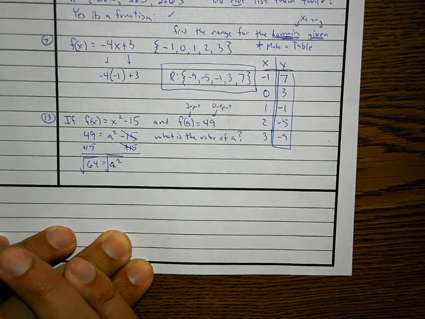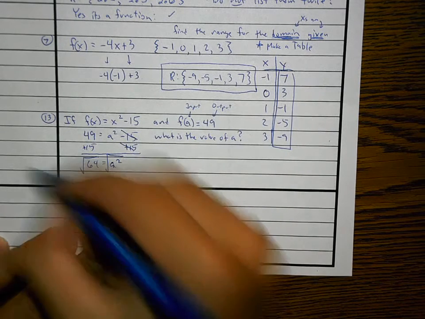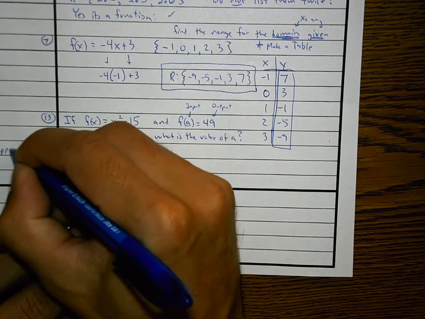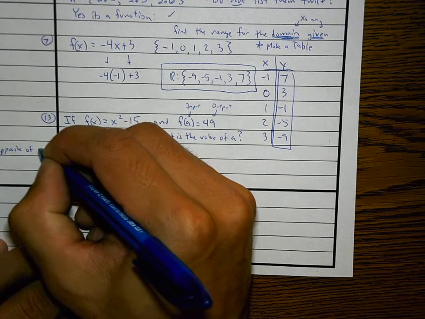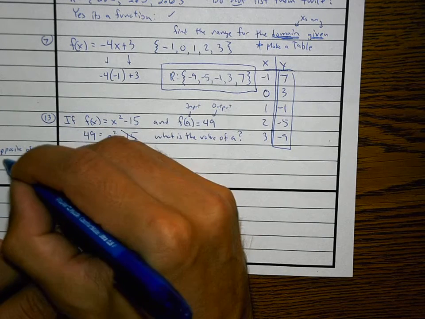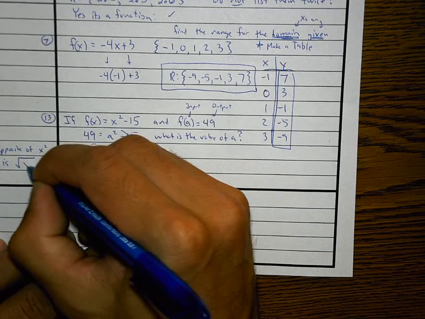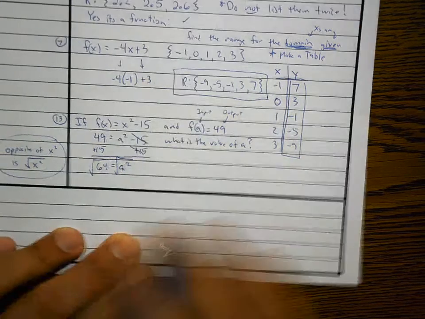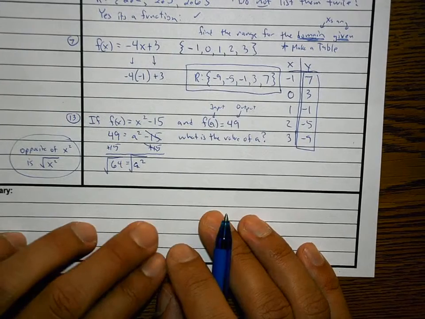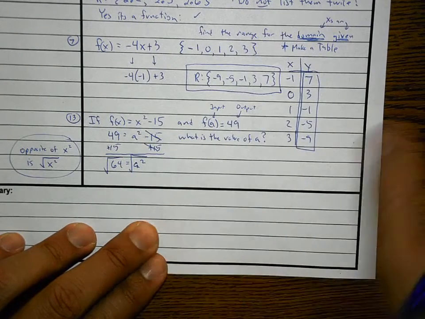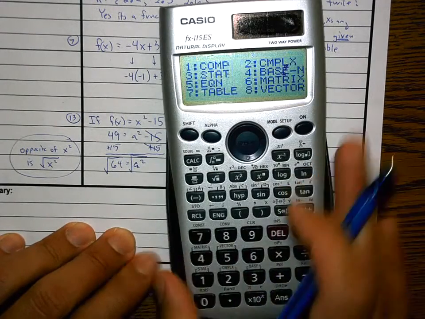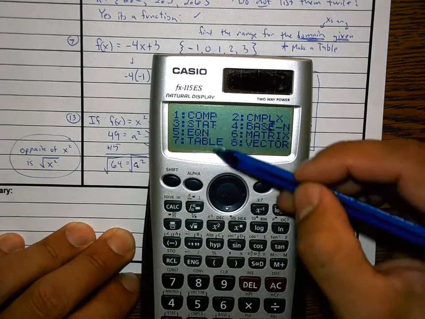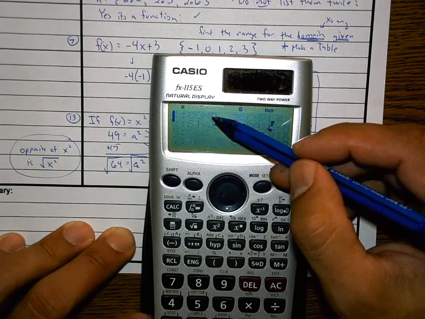The opposite of x squared is to square root x squared. I'm going to put that off to the side because that's something that I'm hoping we know. If you don't know, there is a square root button on our calculator, but we have to go from the table to computation mode. Square root.